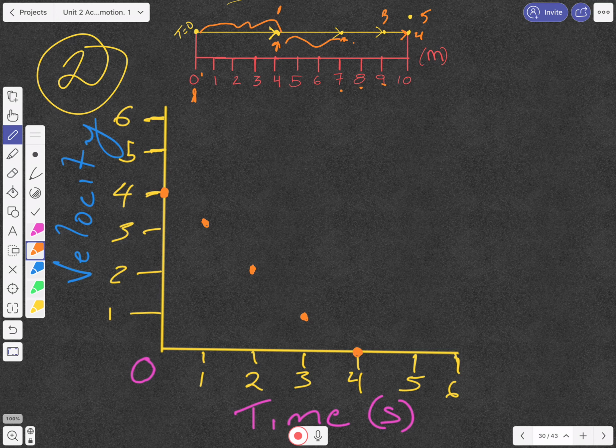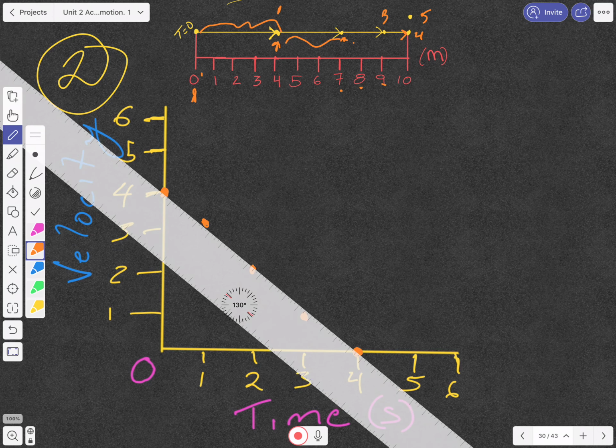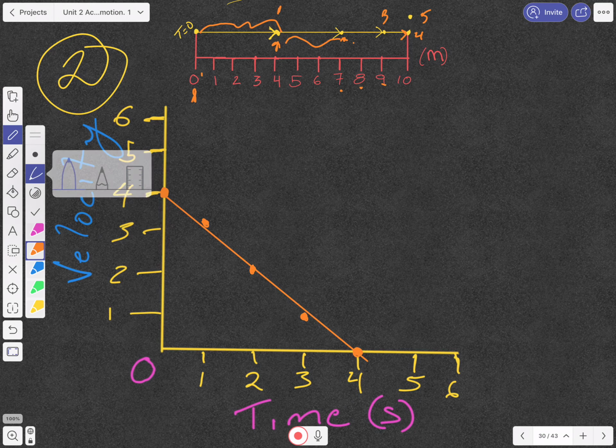So the velocity is going to be 0. And once again, we'll have a best fit line. Hopefully, again, yours are a little bit cleaner than where my dots are, but it should fall right on that line.